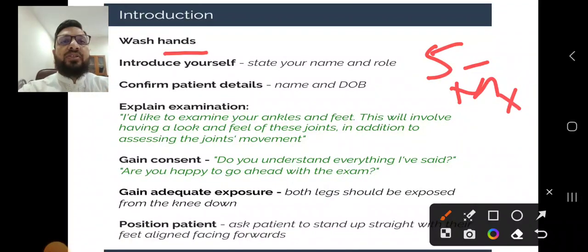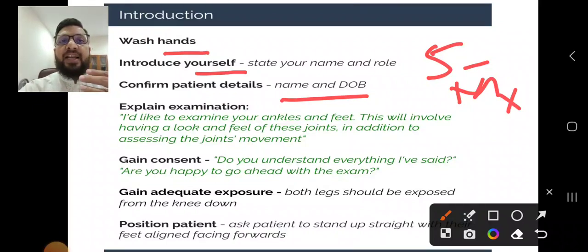So wash your hands, introduce yourself. Hello, I am Dr. Muhammad Sulkarnain, one of the surgical exam candidates. May I confirm your name and age, please? And then you will say that today I have been asked to examine your lower limb.